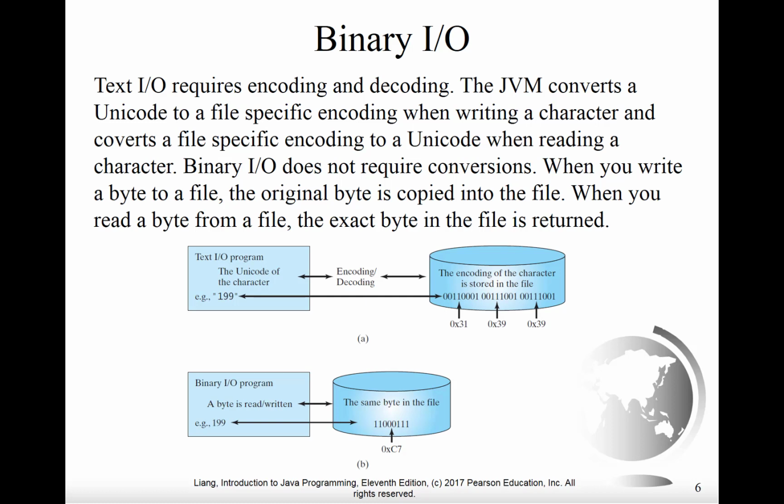The conversions that you see happening in diagram A are not necessary when we deal with binary files shown in diagram B. So in diagram B, the number 199 is simply written out as a byte, and here you see it in hexadecimal and binary format. The 0xC7 is the hexadecimal value, and the 11000011 above that would be the binary value.